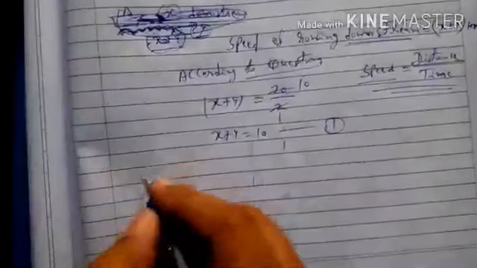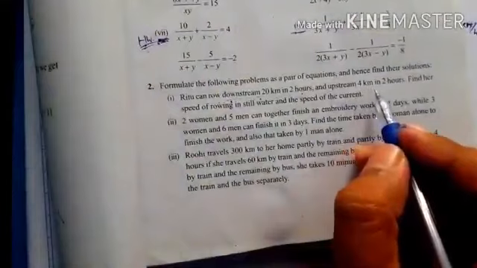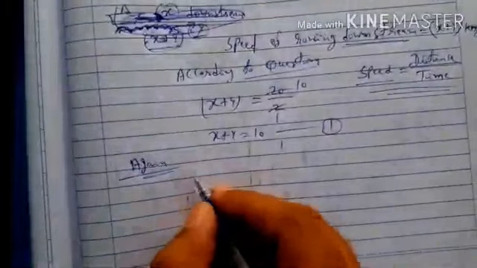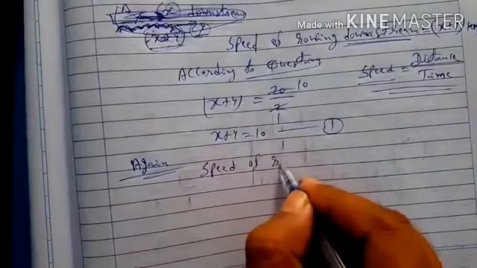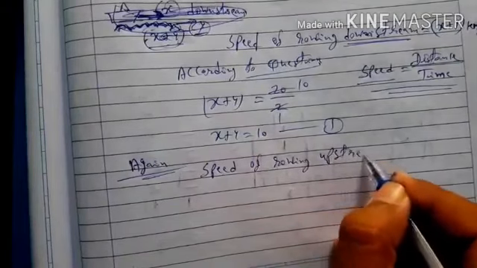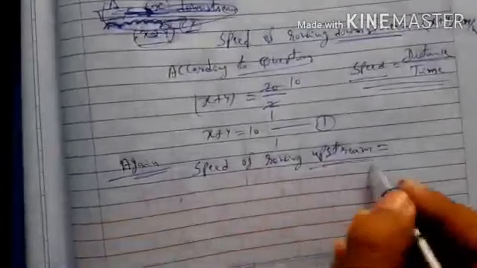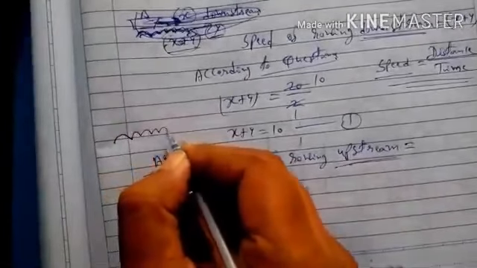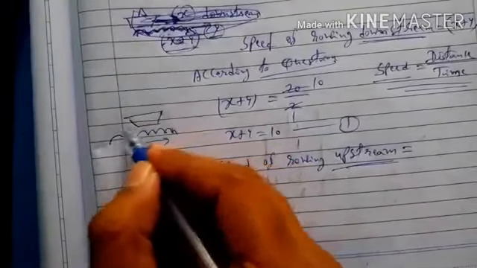Now upstream, 4 kilometer in 2 hour. So we write the speed of rowing upstream equal to... Upstream means the water flow goes to this side and the boat goes to the other side.